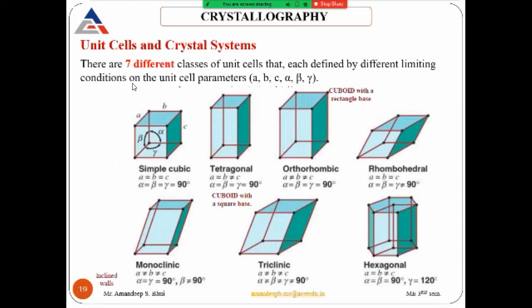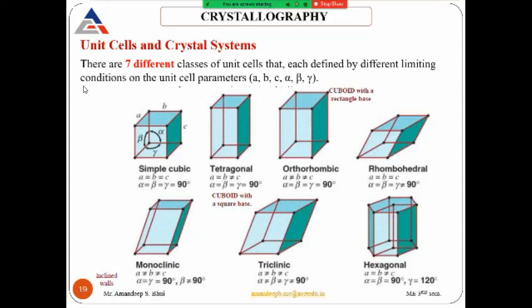Now, these unit cells come in 7 different classes, and each of these classes differs depending upon the unit cell parameters. The first one is your simple cubic.